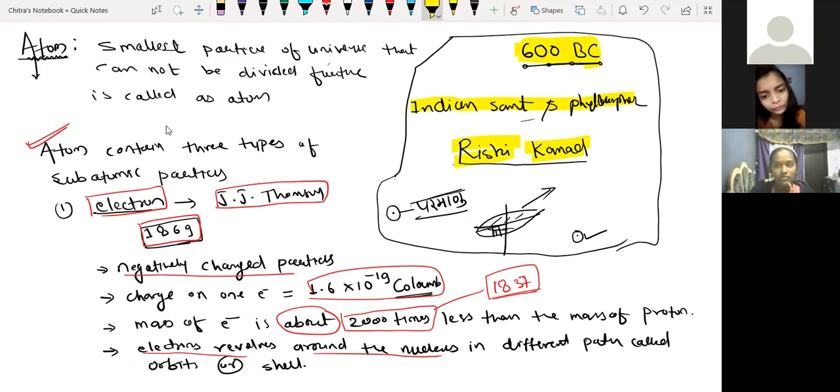So one day, what happens? He sat down under a tree and was doing meditation. At that time, one of the leaves from the plant fell on his lap.